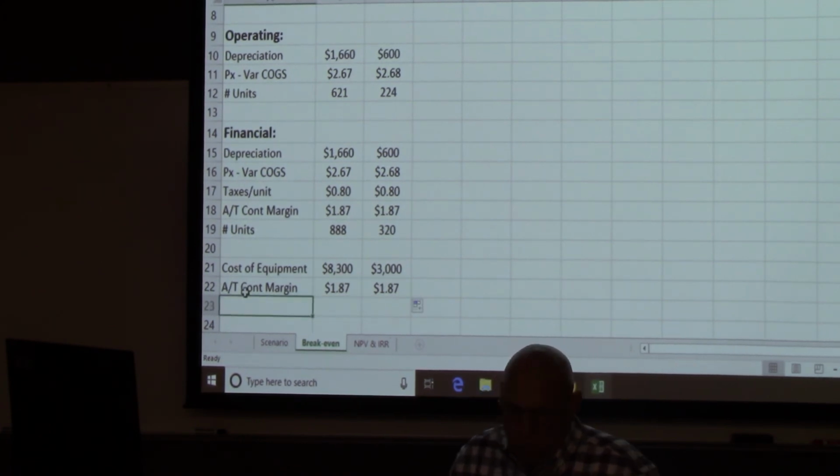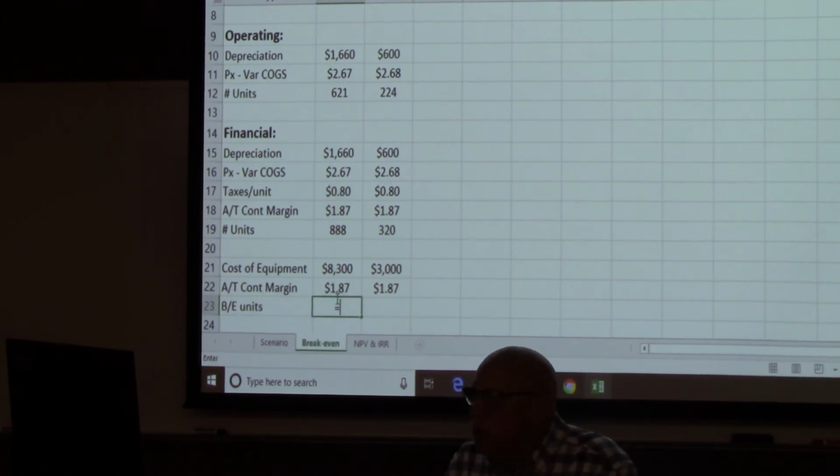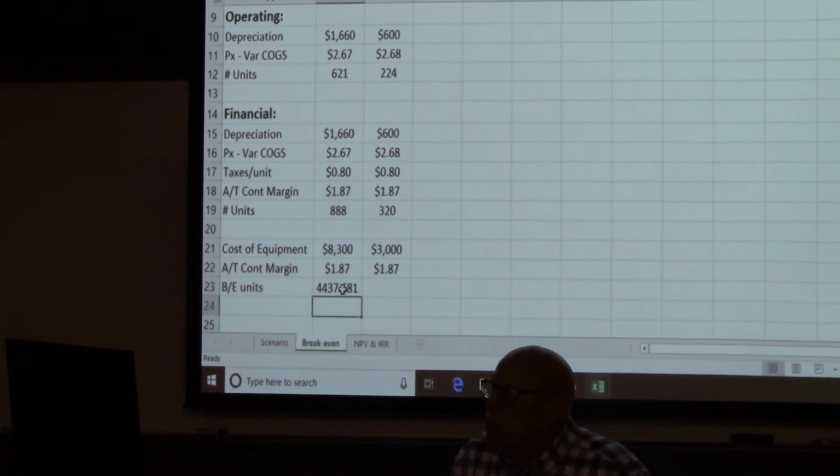And let's see what our break-even is in units, and that is equal to this divided by this.